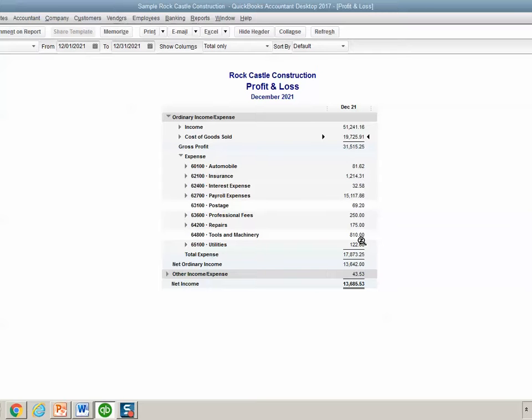Next are your expenses. These are the expenses incurred due to simply being in business, such as advertising, utilities, payroll, rent, office supplies, and so forth. Which expense categories you have may depend on your industry.